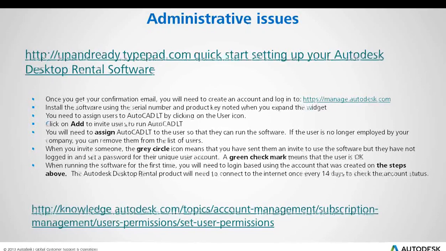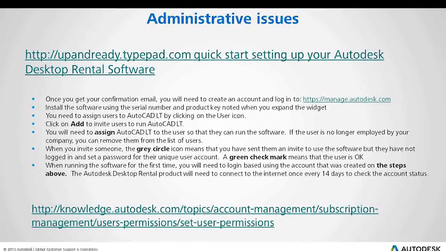And likewise, if that person leaves or if they're no longer on the project that requires them to have a license for that software, you just go in and either remove them from the list of users or just unassign the license from them. When you invite them, it'll have some icons next to their name.